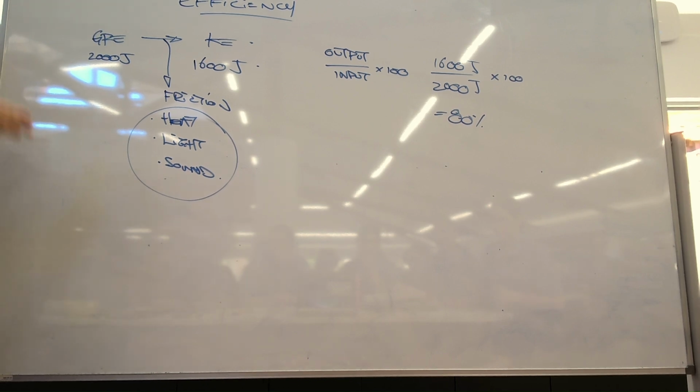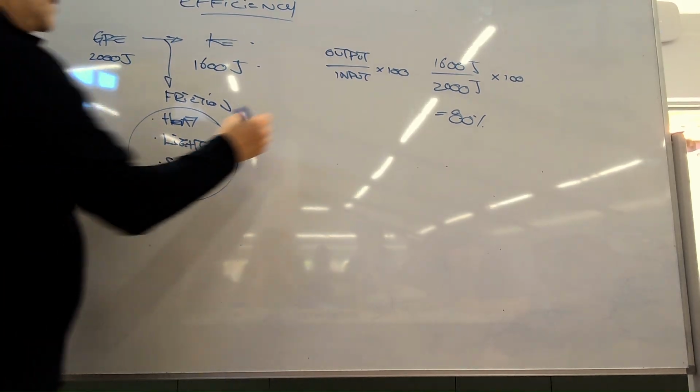You do need to be able to do this for your test. It's one of the standard. Without me writing the test, I can tell you you'll need to be able to work out the efficiency of an energy transfer. Okay? Yes? Will that give us the formula? Probably, yeah. It's not about whether you can memorize the formula, it's whether you can use the formula. Okay?